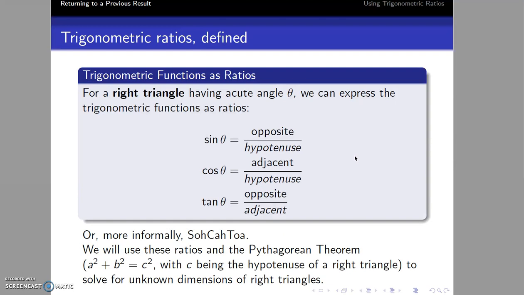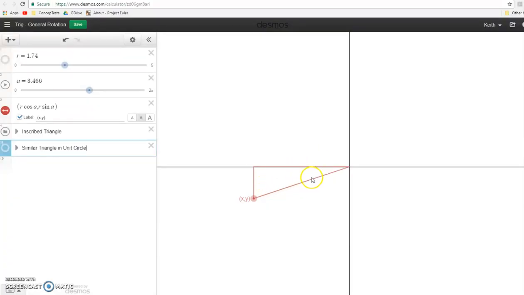And so, for the right triangle with that acute angle theta, we can rewrite our trigonometric expressions not using symbols, but rather using words. The ratio of opposite to hypotenuse is sine. Because on my triangle, hypotenuse was my radius, and the side opposite that was my y.